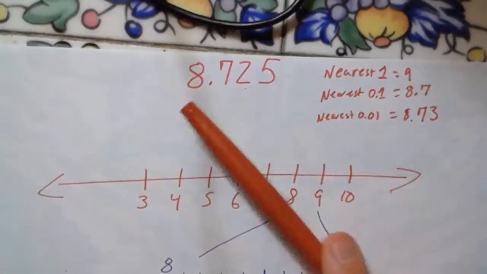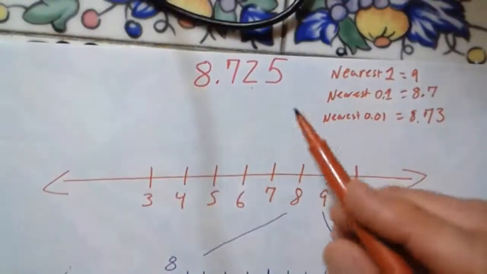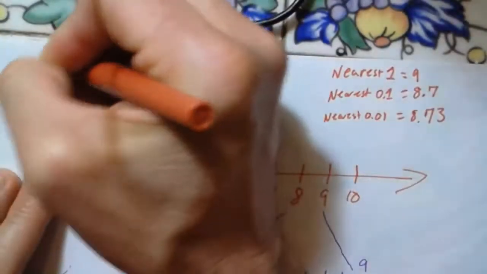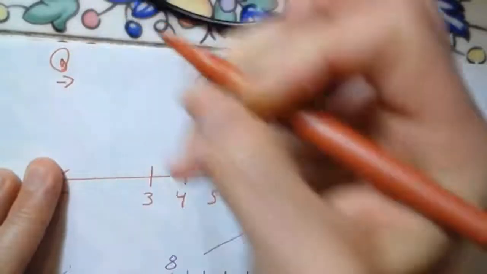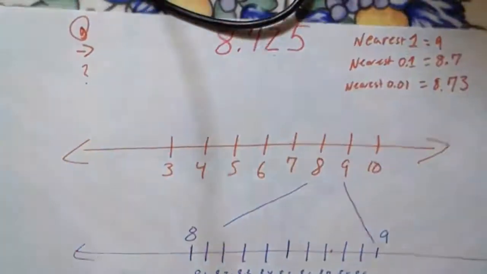So the process is I look at the place value they're asking me, and then I look to the right. Then I have to see what number it is.